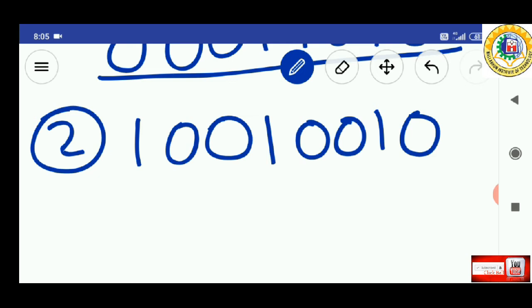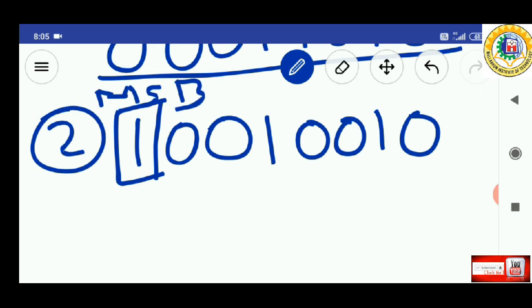All of you know that this MSB is holding the sign of the data. So we will not change this. Whatever shifting operation happens, the final output will not change this bit. It remains in the output as it is.